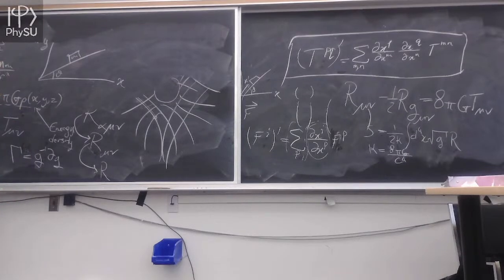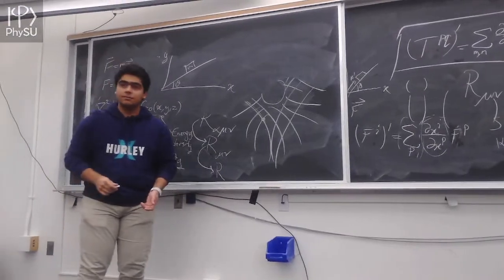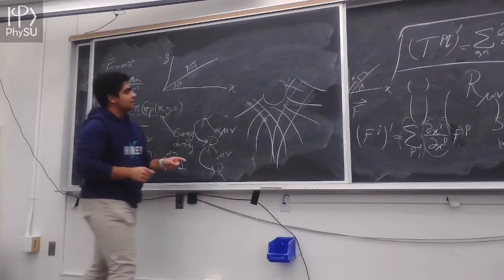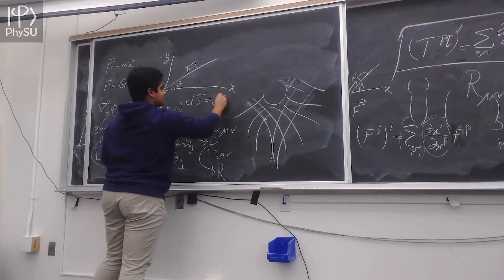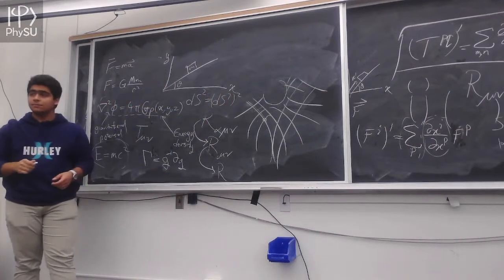So this is obviously a set of vector equations, but we said vectors are a form of tensors, right? Now, if we use tensors, then it obeys that ds squared equals ds prime squared. You agree?